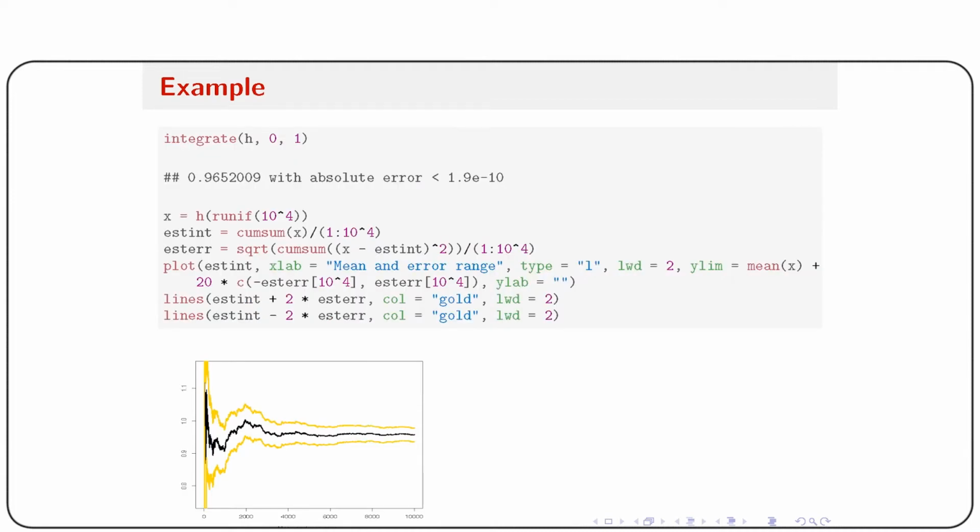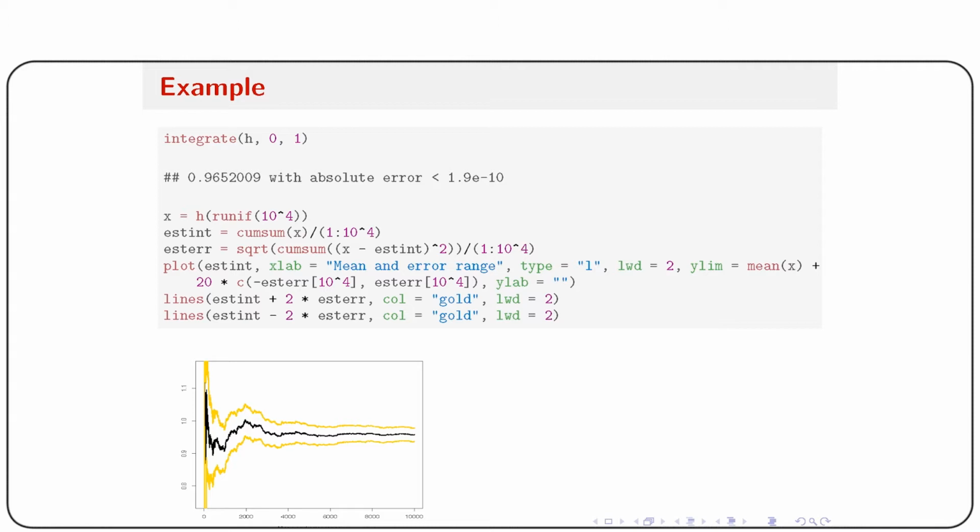Now we'll integrate it. For integration, the integrate function is there. Just integrate h from 0 to 1, where h is the function that you are going to integrate. It will give a numerical integration, and that value is around 0.96509 with absolute error 1.9 times 10 to the power minus 10.